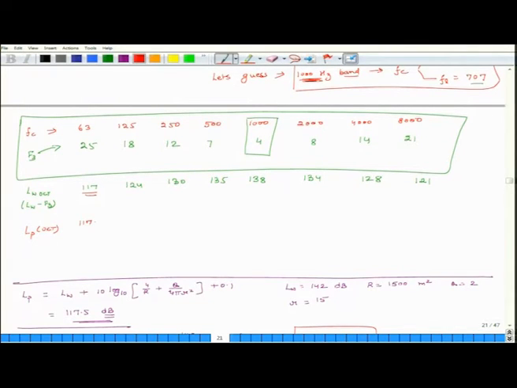It will be 117 minus 24.5, which comes to 92.5. Similarly, here also you do 124 minus 24.5, so that is 99.5, 130 minus 24.5, and so on and so forth.